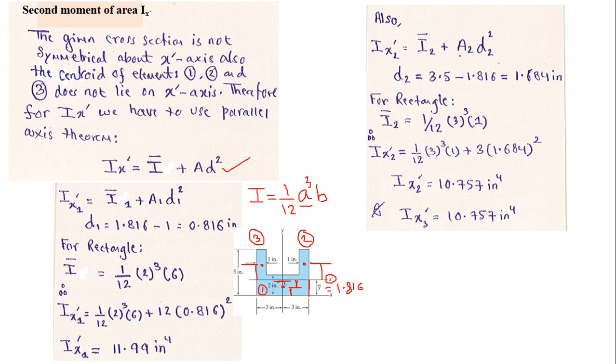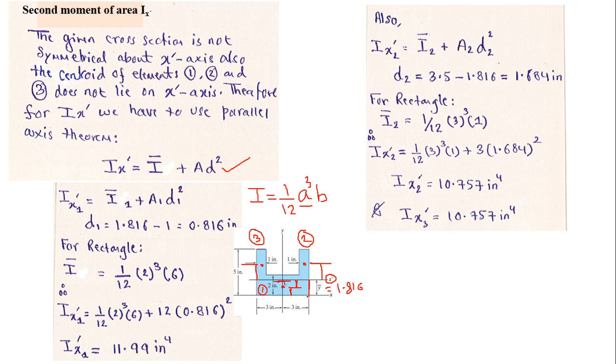I have already calculated A2 in my table. I2 bar will again be the second moment of area for a rectangle, which is 1 by 12 AB cube, and we have to decide which dimension will be cubed here. So first of all, let us calculate the perpendicular distance between the centroid of this smaller rectangle 2 and the x dash axis.